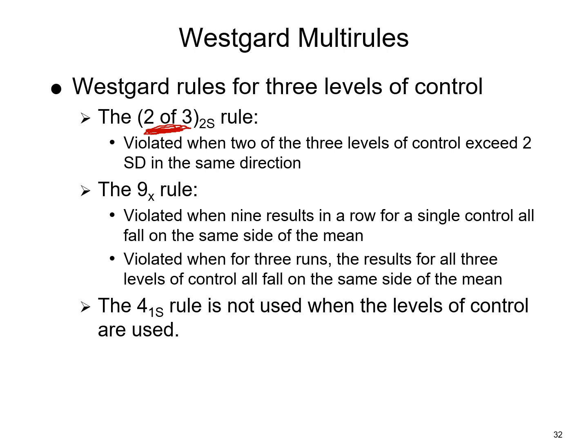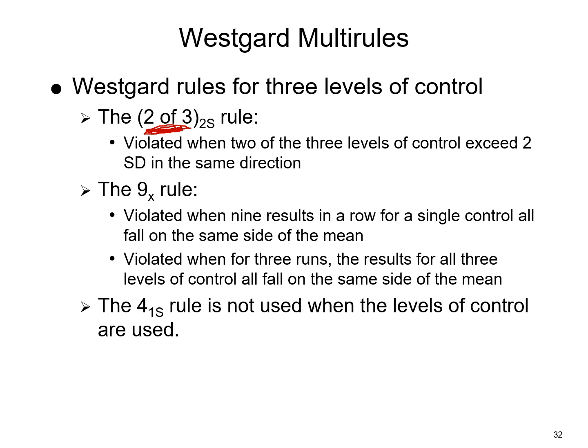So if 2 of the 3 violate the 2S rule, so 2 of the 3 levels exceed 2 standard deviations in the same direction, then that rule applies. QC is rejected. You have a 9X rule.